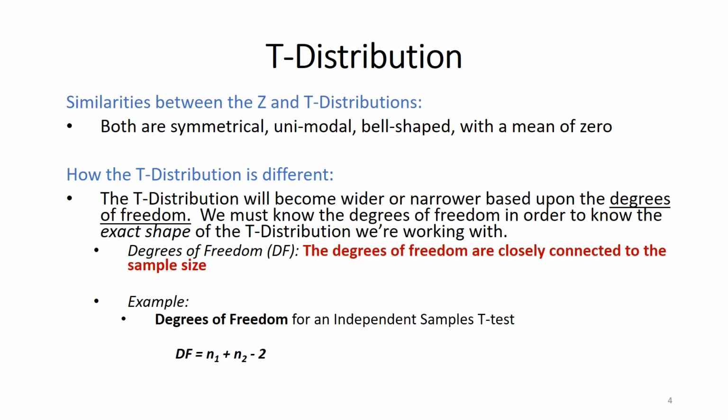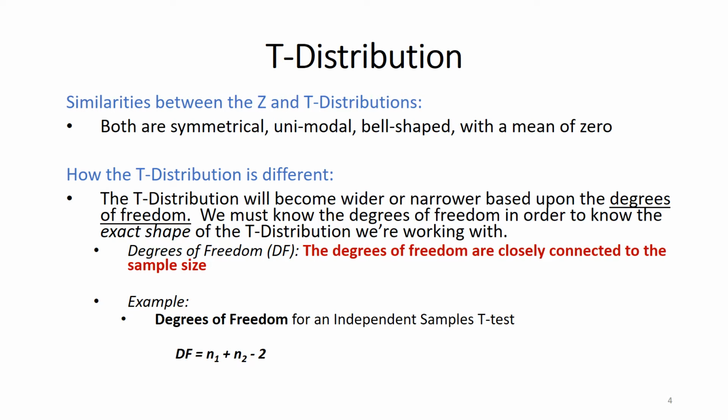Let's take a look at a formula for the degrees of freedom for one of the t-tests. So at the bottom of this slide, you see an example, degrees of freedom for an independent samples t-test. Degrees of freedom is abbreviated as DF. You'll notice that it says N1 plus N2 minus 2. Well, we know from previous lectures that N simply means sample size.